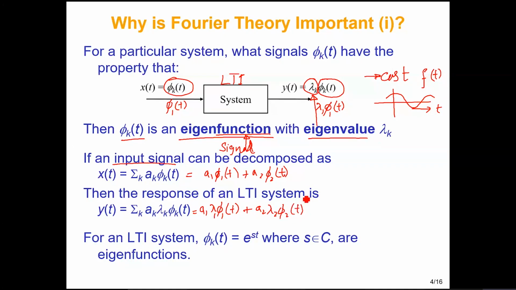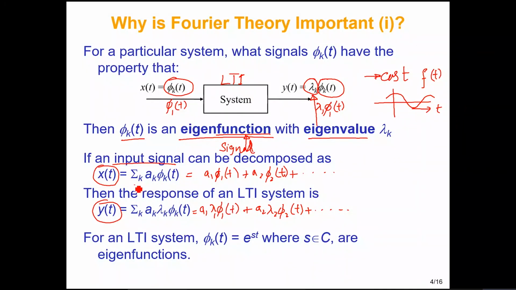So this is the whole beauty of this concept: if we have eigenfunctions and we know the eigenvalues of those eigenfunctions, and further, if we can represent our input signal as a sum of those eigenfunctions with some scaling factor, then we can find the output. The output would be the sum of the same scaling factor multiplied by eigenvalues and multiplied by eigenfunction.